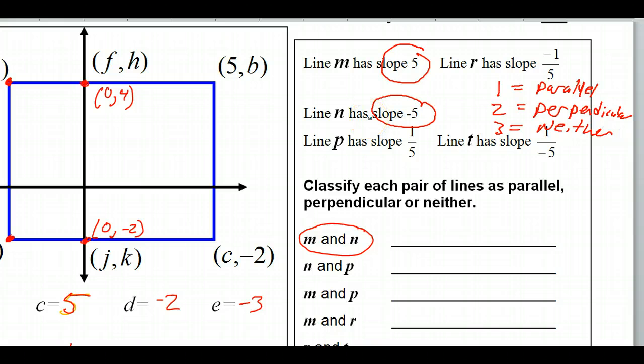Show me on your fingers the answer for M and N. Are M and N parallel, perpendicular, or neither? 1, 2, or 3? Okay, everybody put your hands down. Everyone should have had up 3 fingers. These are neither.